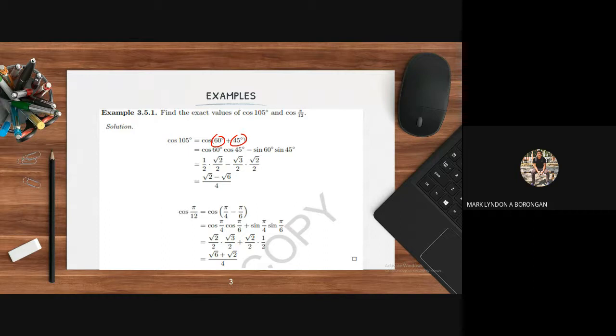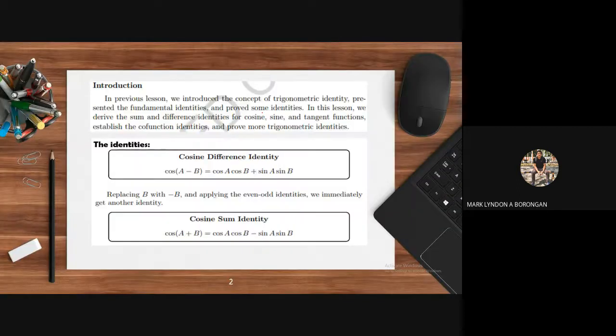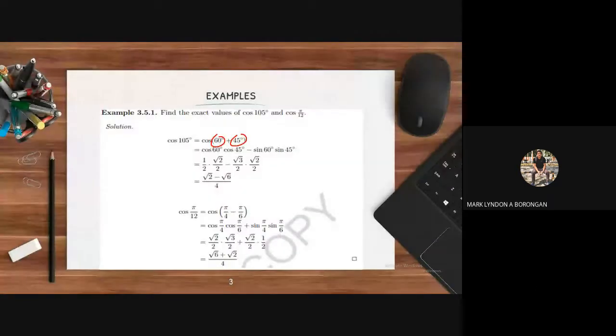Since nabungkag na nimo ang angle, you can now use the formula. Ang ipangita diri nga case kay ang sum.